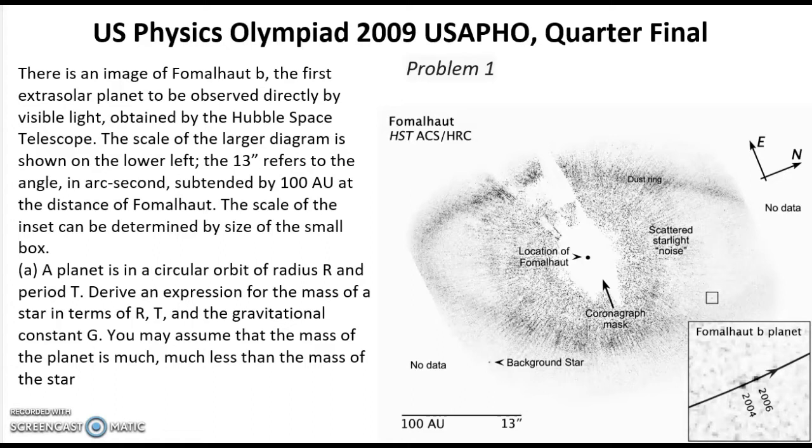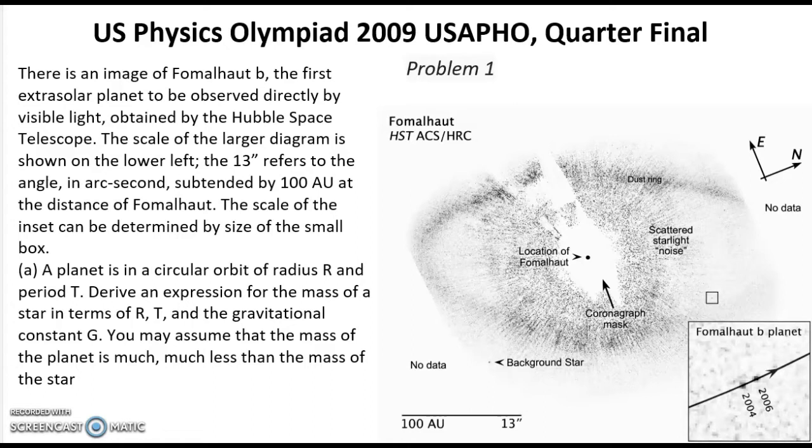So, problem number 1. There is an image of Fomalhaut B, the first extrasolar planet to be observed directly by visible light, obtained by the Hubble Space Telescope. The scale of the larger diagram is shown on the lower left.